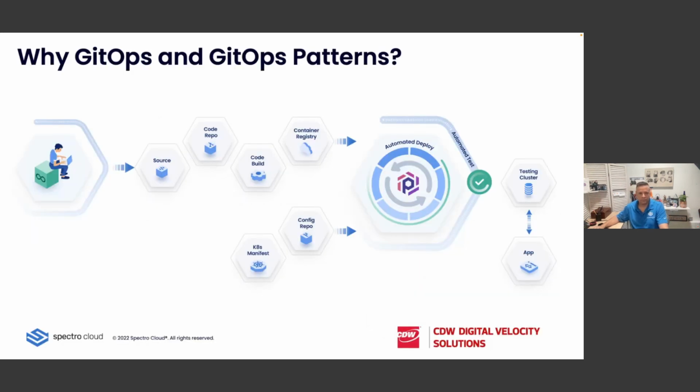So for those that aren't as familiar with GitOps and where it came from, in 2017, Weaveworks had a major outage. They described this incident where a developer pushed a change into production that took the whole system down.